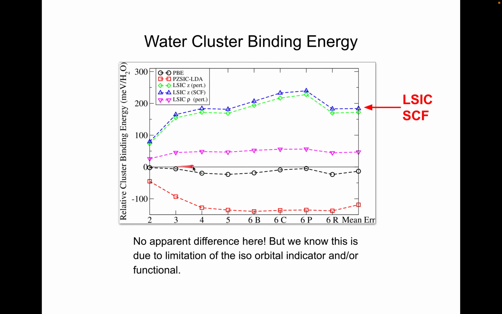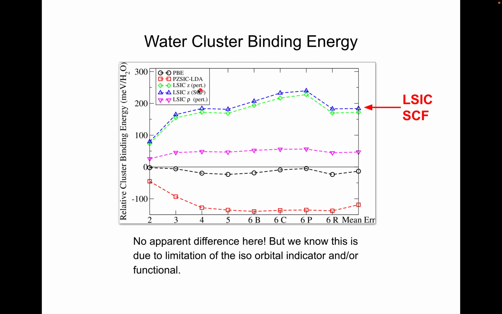And for the one-shot calculation, as we found previously and as discussed in Selim's paper, the LSIC using this particular scaling factor z overestimates the water cluster binding energy quite significantly. And this is one place where the LSIC performed really poorly.